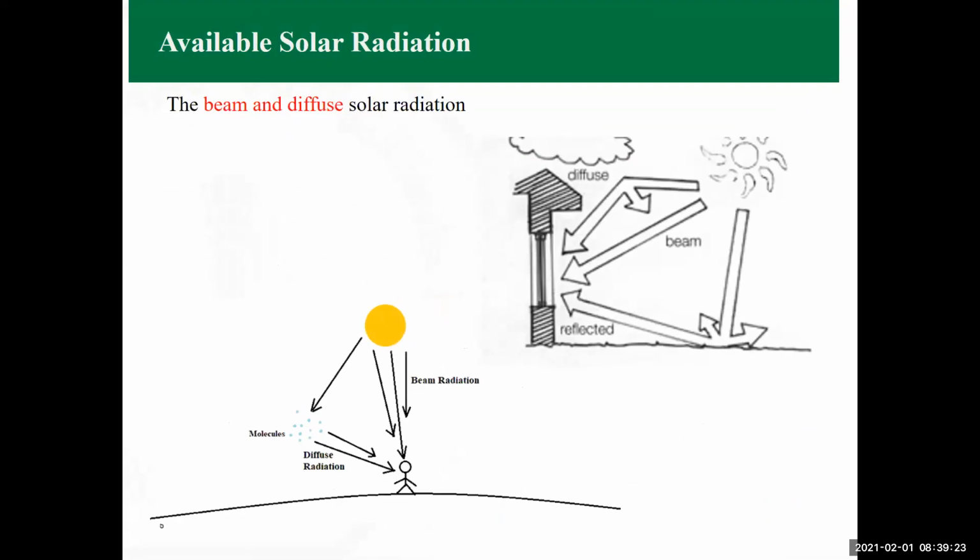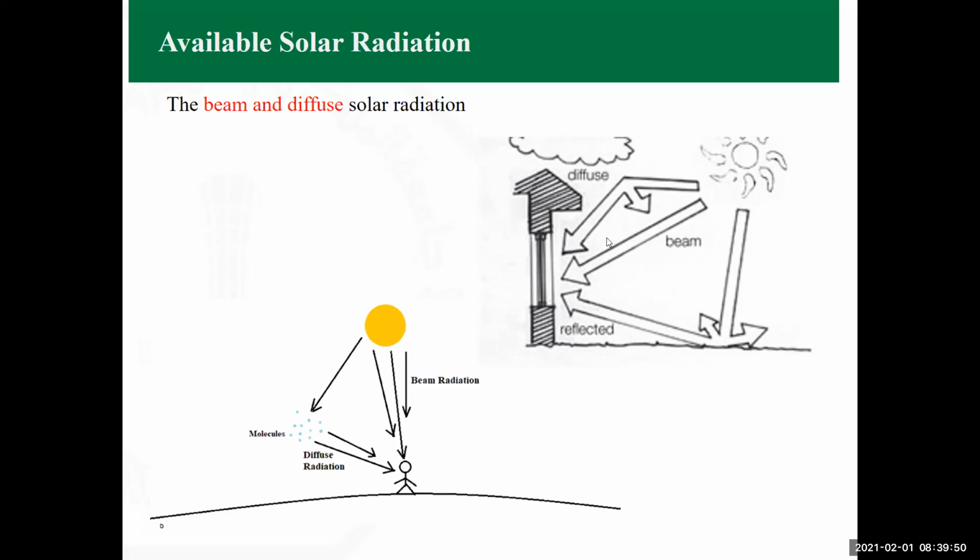This is again a reminder of what is beam and what is diffuse radiation. You have seen this slide in the previous chapter, but this is just a reminder that we're looking for beam radiation. It means radiation which is falling directly onto a surface, like this, or a person, whereas the diffuse radiation is the one that has been scattered by molecules that are suspended in the air.